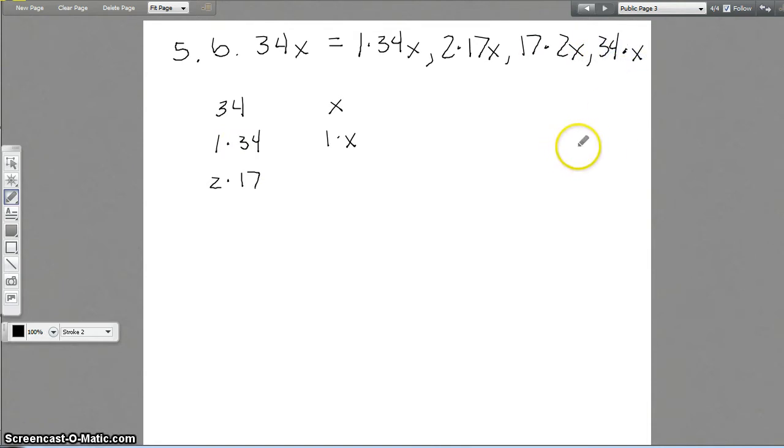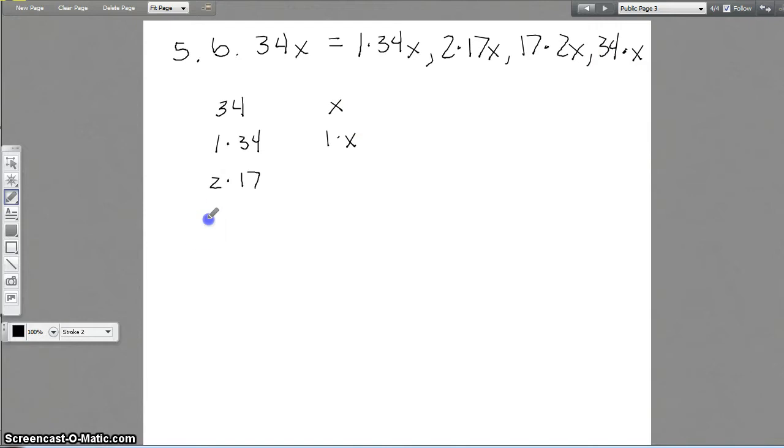Now, are there any other possible combinations that will give us 34x? Actually, no, this is all of them. So 1 times 34x, 2 times 17x, 17 times 2x, and 34 times x. Those are all the pairs of factors that we can use to make 34x.